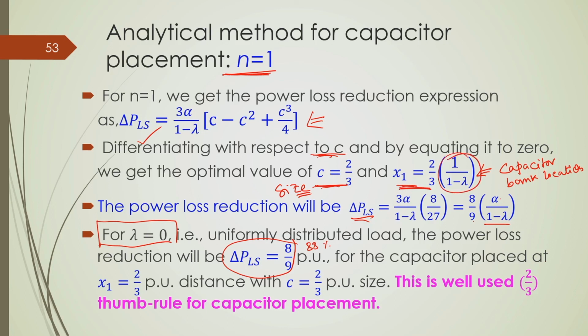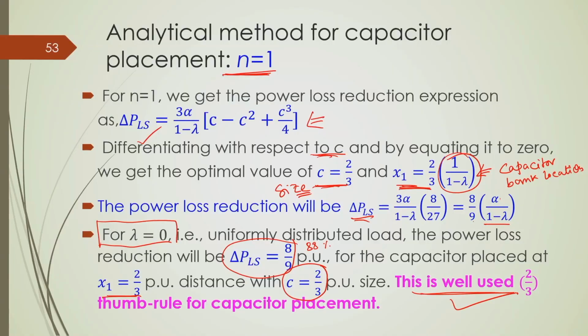So, if you put this capacitor at 2/3 of the length of the feeder, and if your capacitor size is 2/3 per unit of the total reactive power demand of the network, this is called the well known 2/3 thumb rule of capacitor placement, and many utilities follow this.